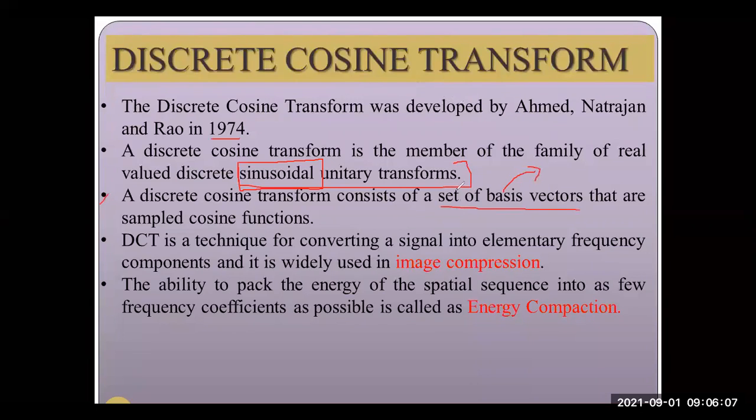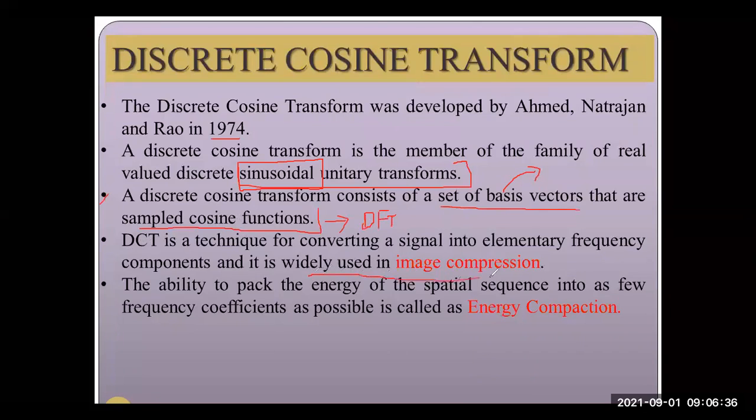Now, what are the basis vectors here? The basis vectors are real cosine functions. In case of DFT we have imaginary functions, but here we have real cosine functions. The first main purpose of using the DCT is image compression.